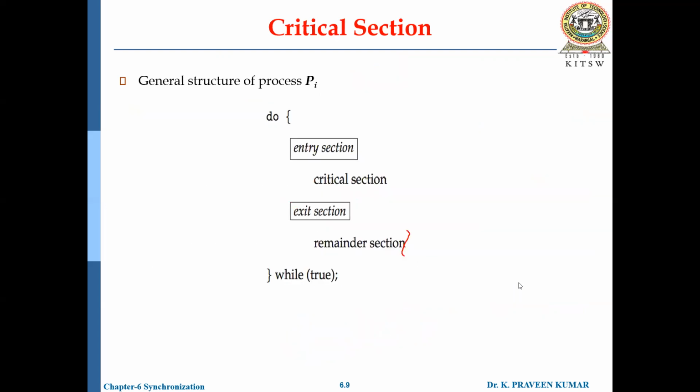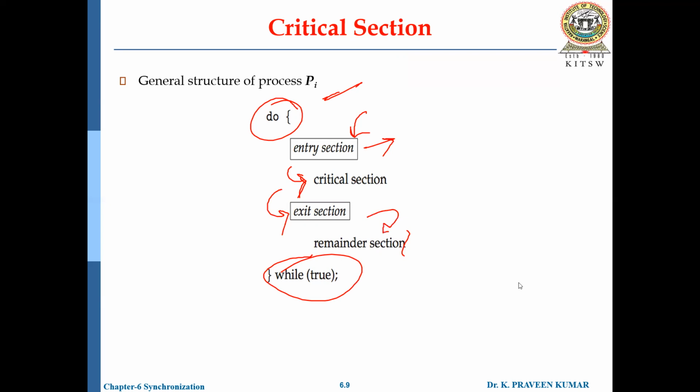When your process wants to enter the critical section, this is the process. The do while loop, while true, is for maintaining the loop. The process enters the entry section, where it takes some token, then enters the critical section. After completion of the critical section, it goes to the exit section, and then the remainder section is completed.